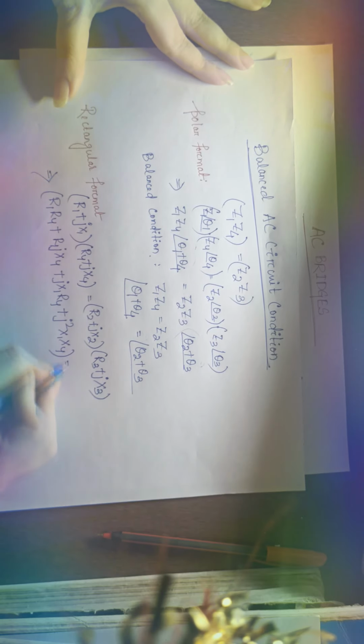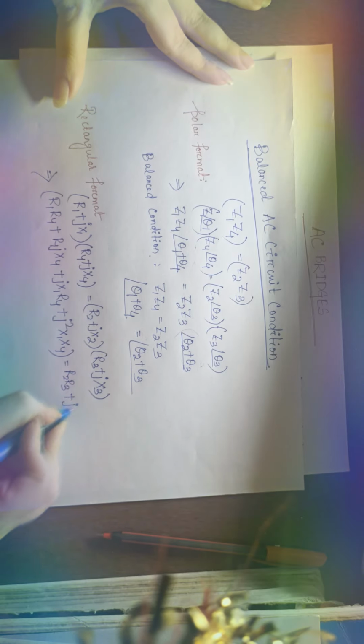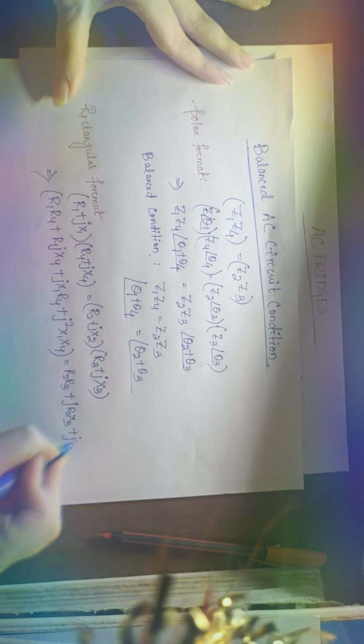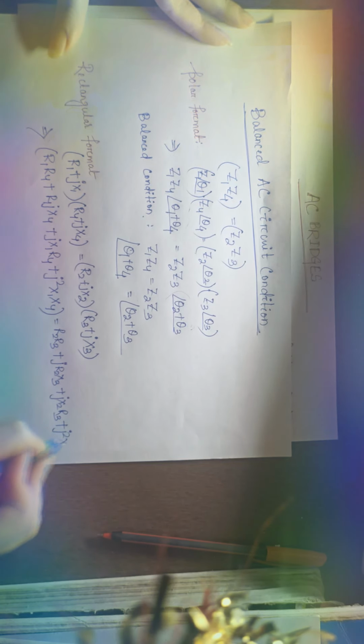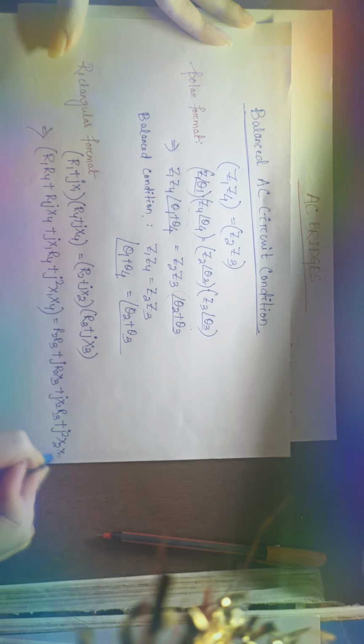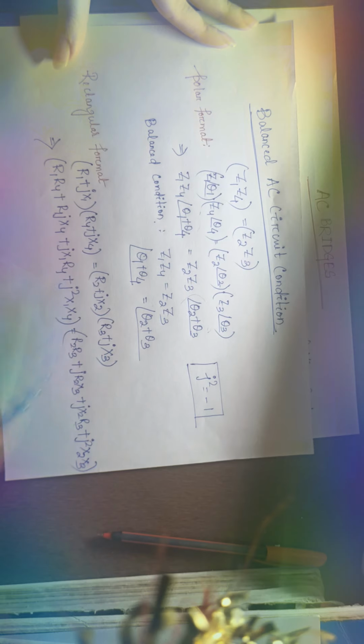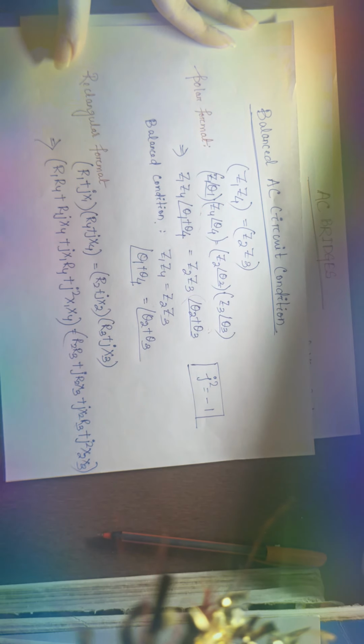Similarly, on this side, R2 into R3 plus J into R2 into X3 plus JX2 R3 plus J square X2 into X3. We know J square is equal to minus 1, so replace J square by minus 1.